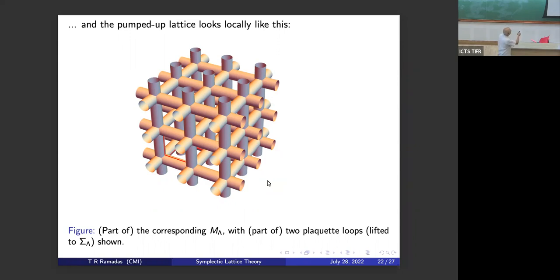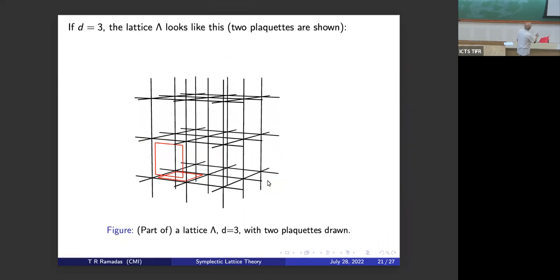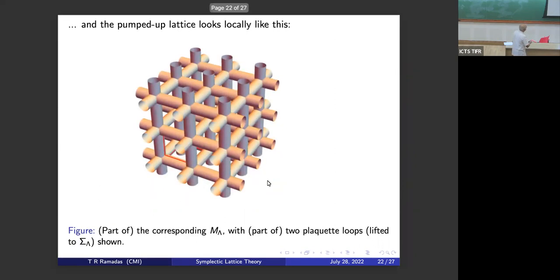There is a red loop here, and you should see another red loop here, which project to these 2 red loops under the retraction. Of course, there are many more plaquettes, and each of them will correspond to a loop on the surface. This way, you will get 3L cubed loops on the surface.